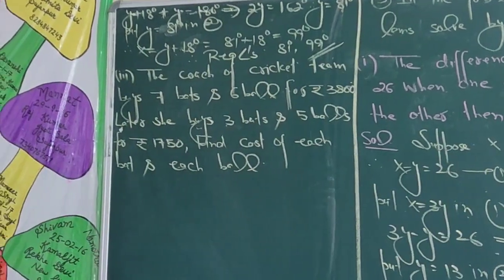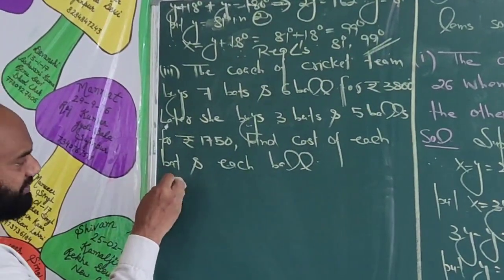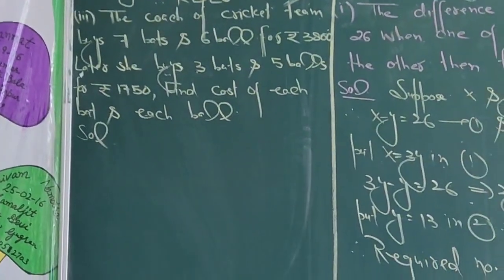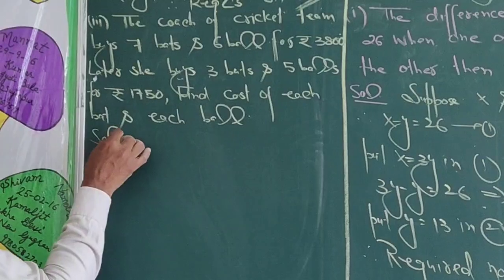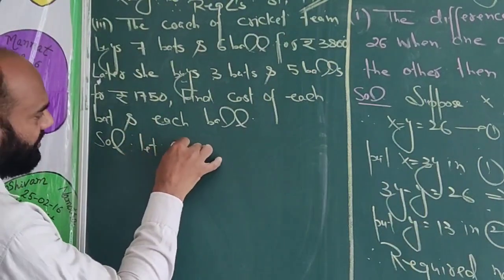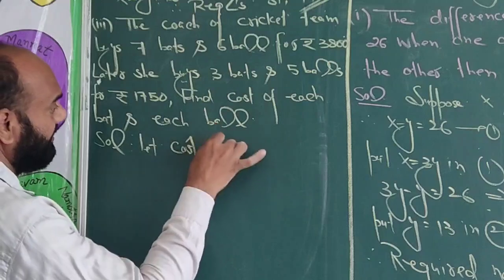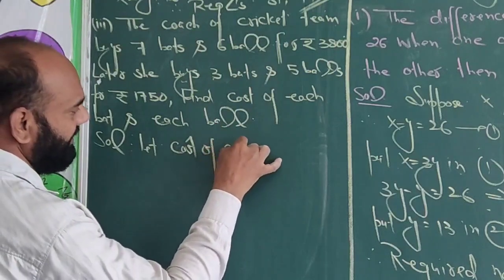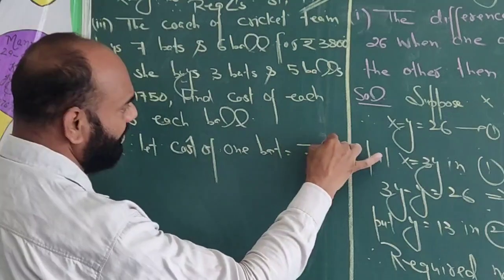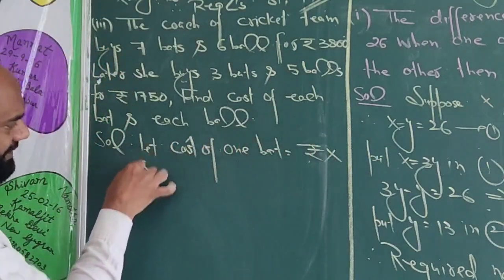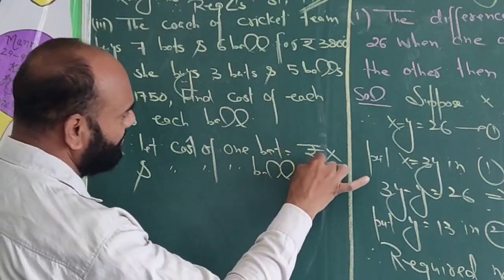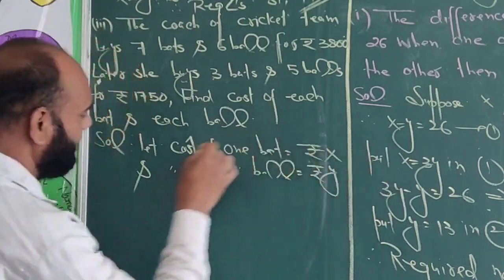So in this question, we suppose the cost of one bat is rupees x and the cost of one ball is rupees y.